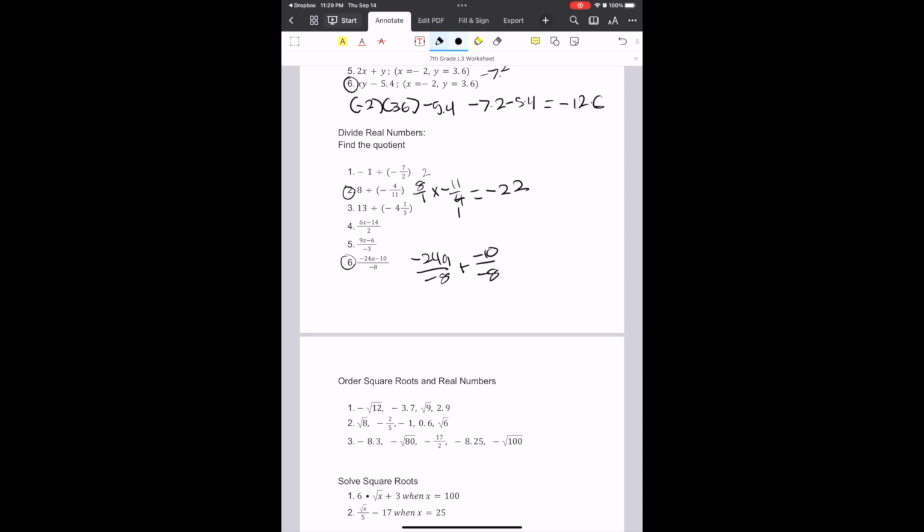That's 3. So that will equal 3a plus negative 10 divided by negative 8. Well, that's just 5 over 4. So 3a plus 5/4. And if you want to leave it as a mixed number, you could do 3a plus 1 1/4.